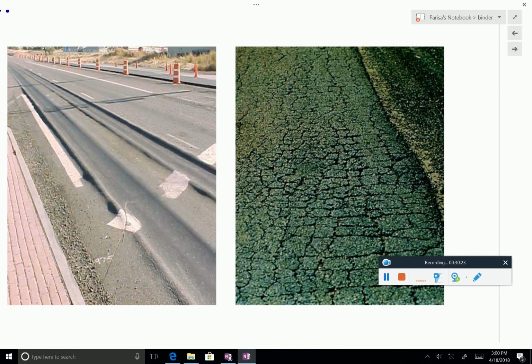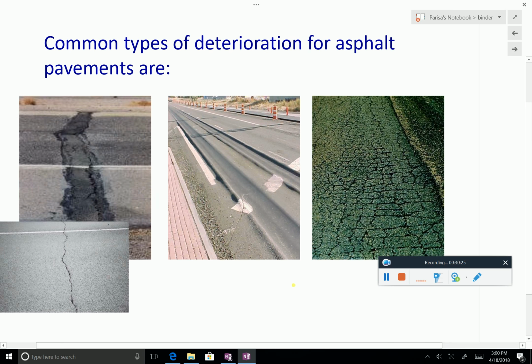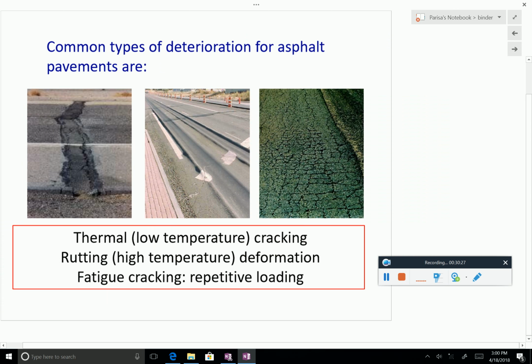And this kind of network type cracks. These are the three problems. And you need to know these three types of problems. So we have low temperature or thermal cracking. The second one is rutting. And the third one is fatigue cracking.